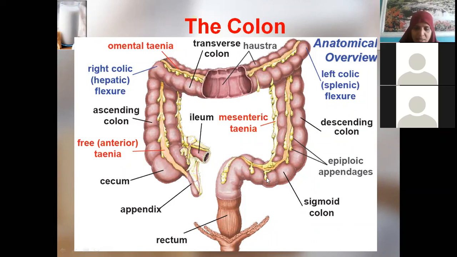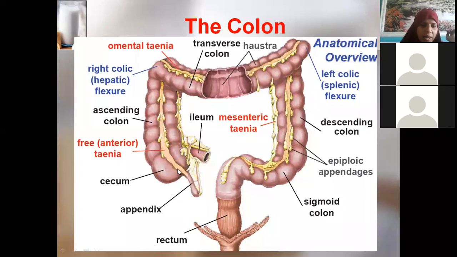Yes, these bulges are called haustra. Now, how are these haustrae produced? Haustra is singular and haustrae is plural.